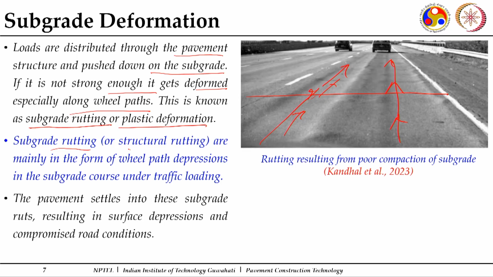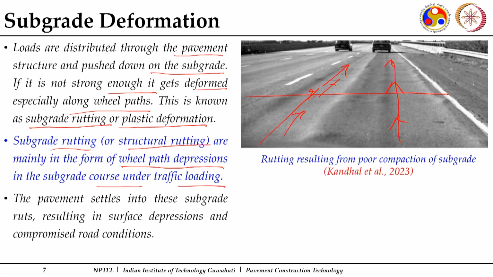But when this kind of deformation occurs in the subgrade, then it is a structural deformation. So, here I will say this subgrade rutting is my structural rutting, mainly in the form of wheel path depressions in the subgrade course under traffic loading.